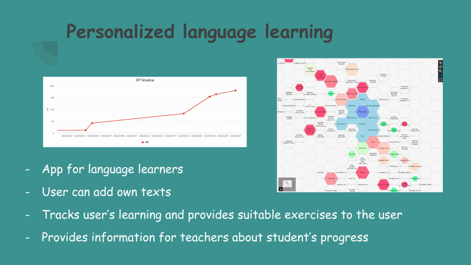In the application, the user can practice the selected language with predetermined stories and exercises, or they can upload any story in a digital form that they're interested in to practice with. The app uses AI to track the user's skill level and provides suitable exercises to the user. It also provides a lot of statistical data to the user and to their teacher about the user's progress.